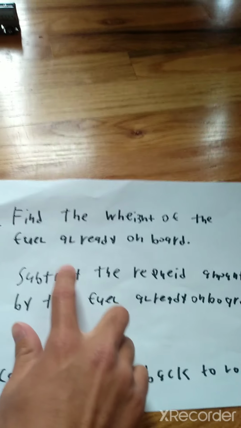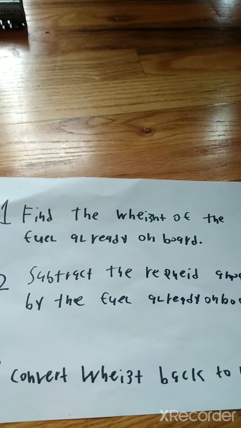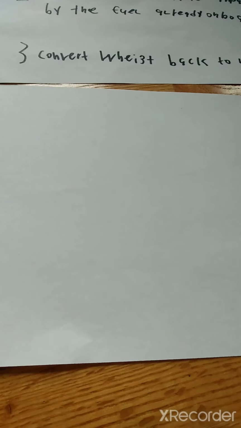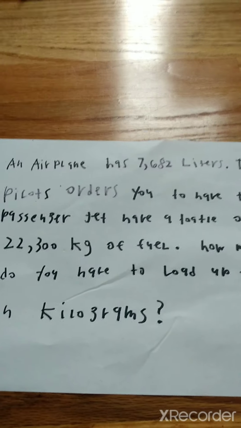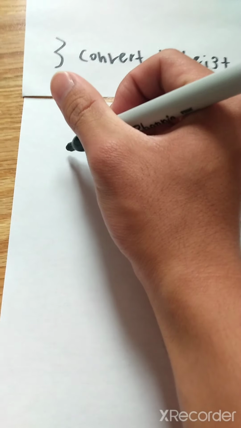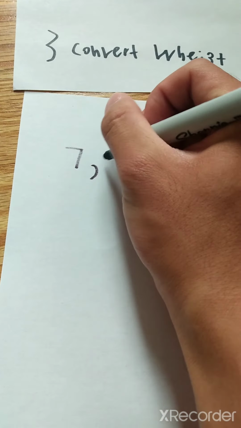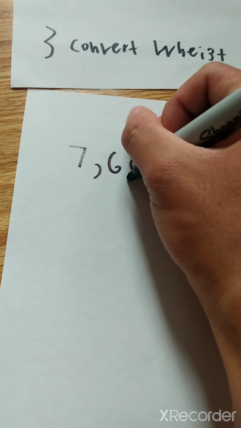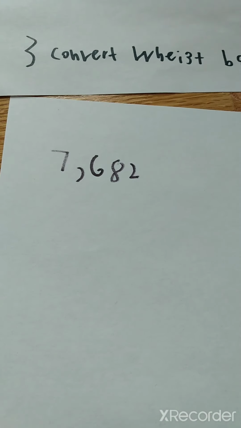So let's start with the first step. Find the weight of the fuel already on board. In the beginning of the story problem, the airplane already had 7,682 liters on board.